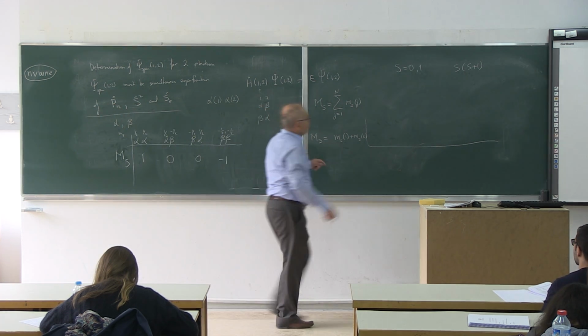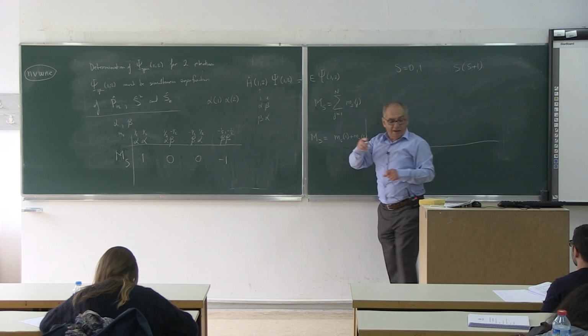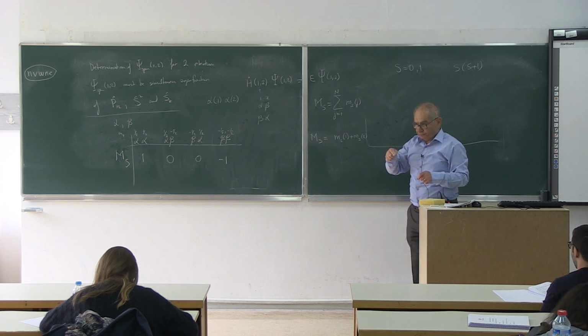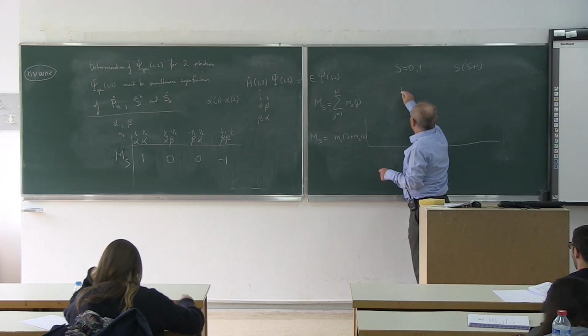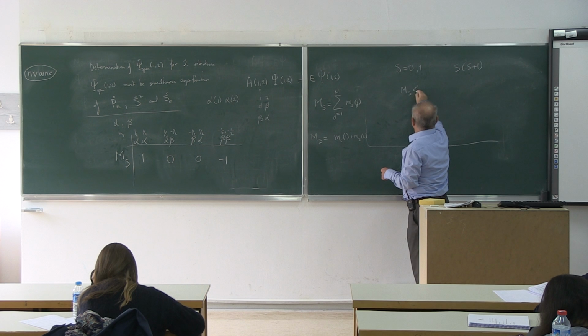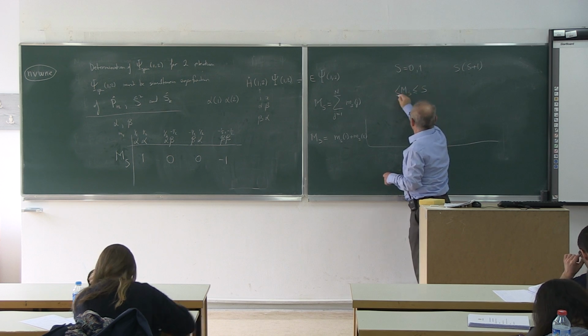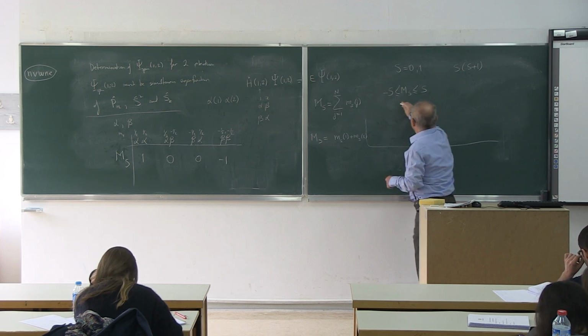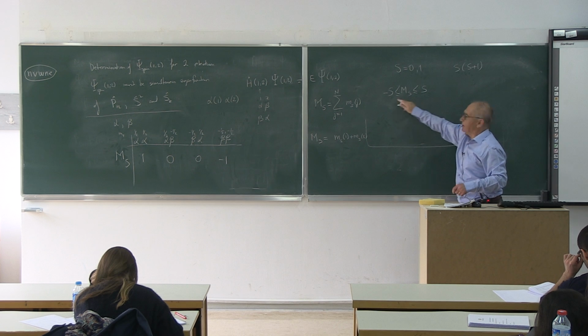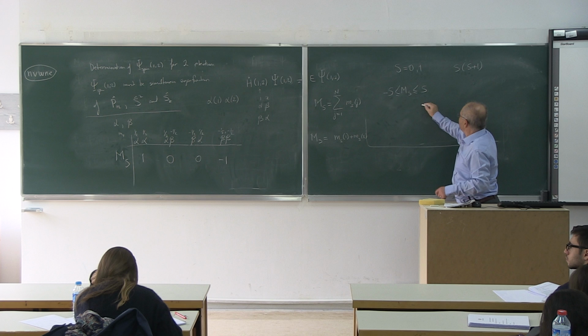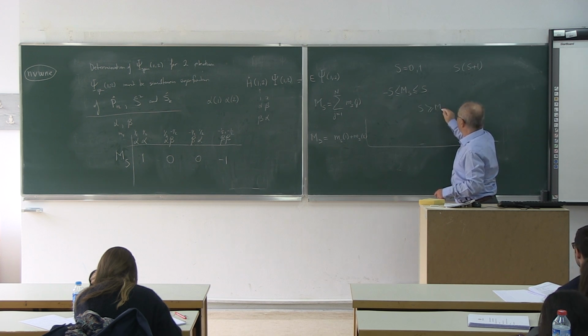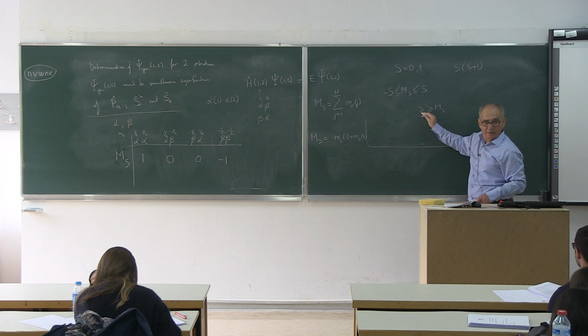Now, we write: MS values are restricted between plus S and minus S. This means that if you take this part, S has to be larger than or equal to MS, isn't it?